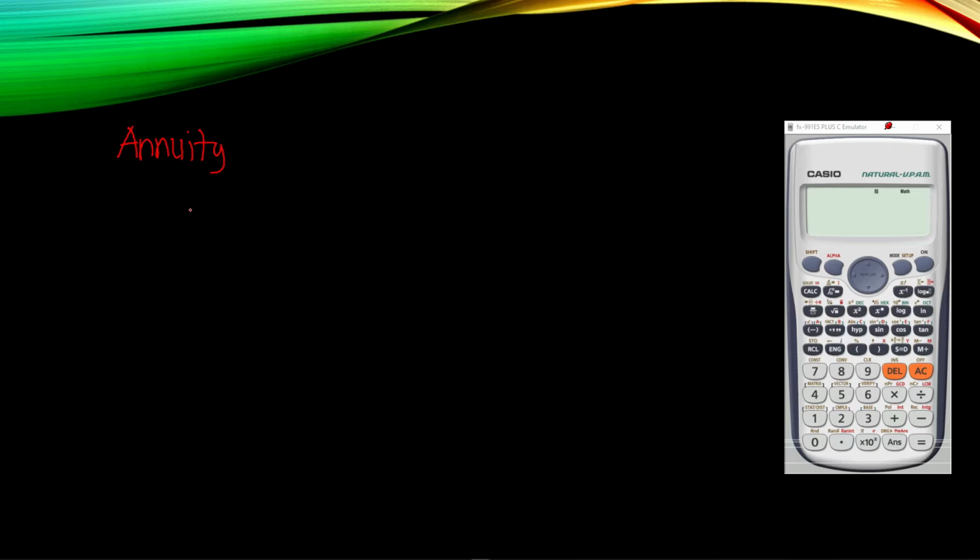Okay? But we have 4 types of annuities. Susulat natin dito ang types of annuities. First is the ordinary annuity.